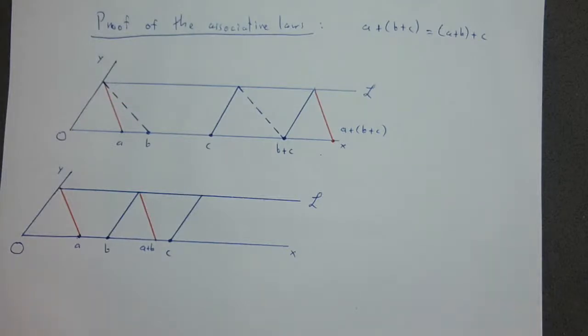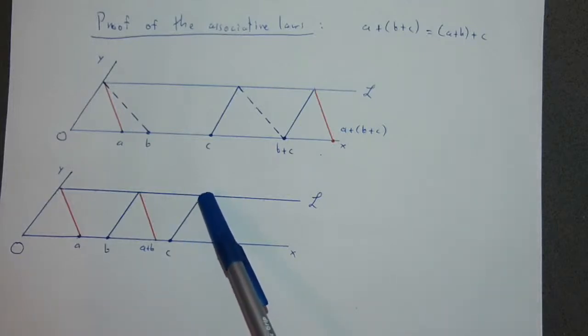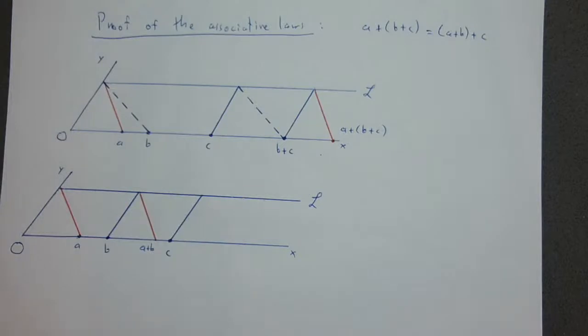And now, what do I need? I can't draw in another red solid line here that would be parallel to these two, because if I did that, what would that construct? That wouldn't construct A plus B plus C. That would construct A plus B plus A, right? So that's no good.